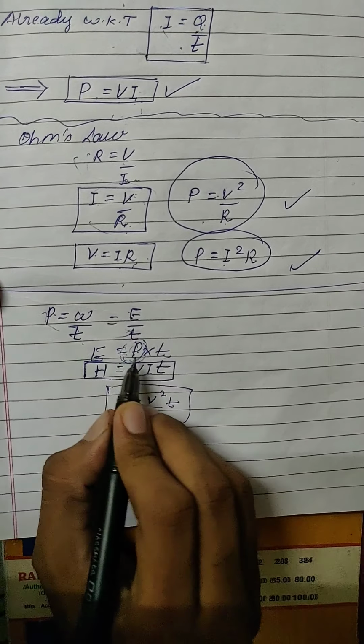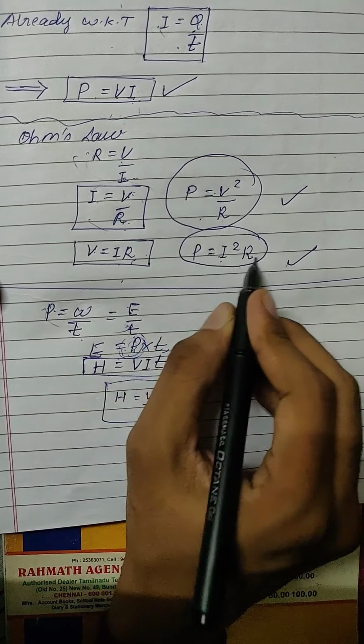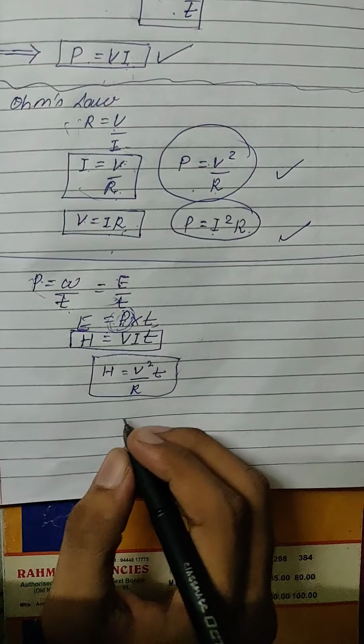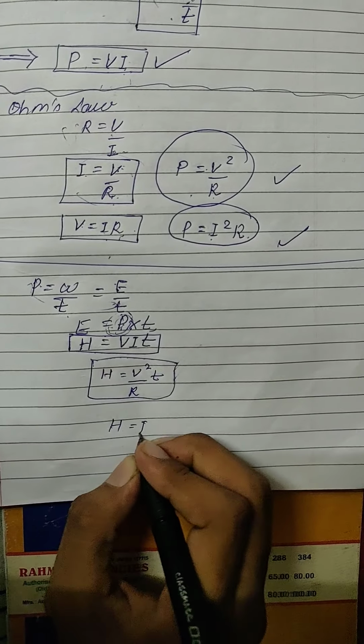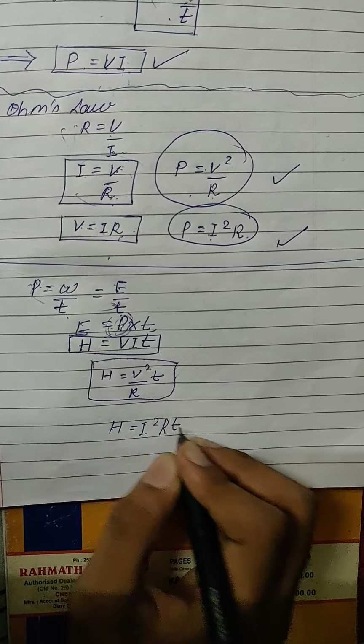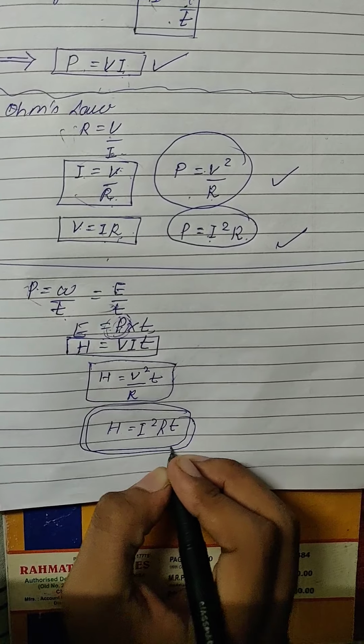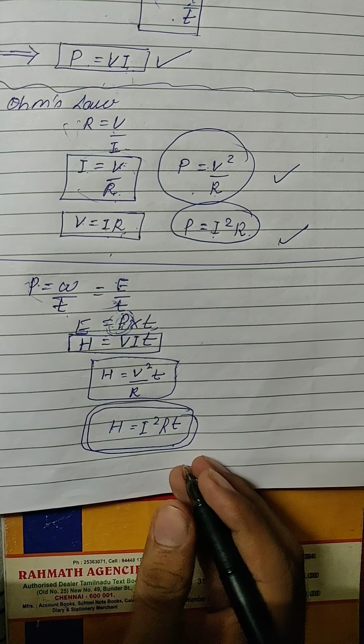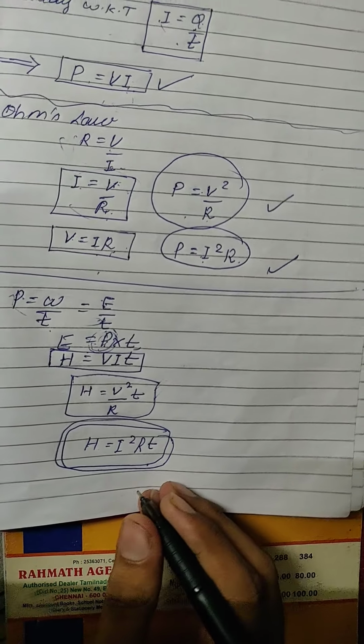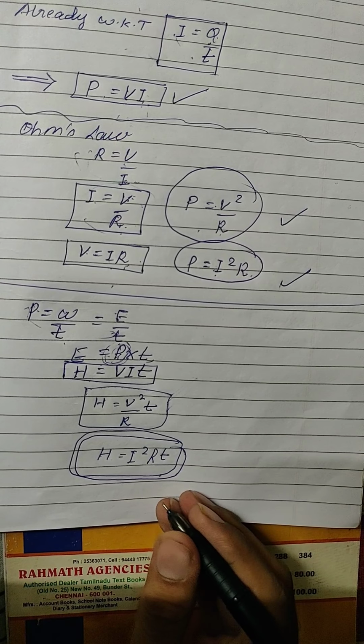Or you can use I square R in the place of P. So you'll be getting H is equal to I square RT. This is the main formula for heat energy. And this concept is called Joule's law of heating, about which we'll be discussing in the class. Thank you.